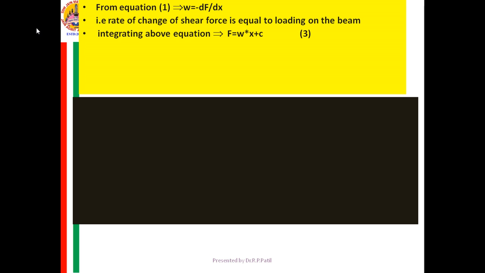If I know the load, I can say how the shear force is changing. Say the load is 0. Tell me the shear force. Load is 0. What is the shear force?